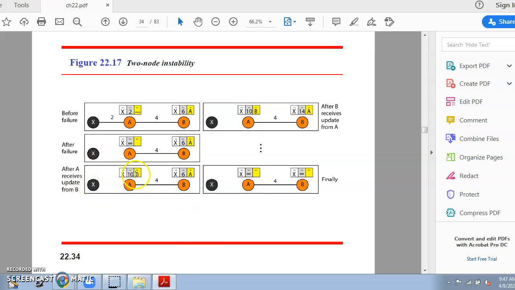In that case A will update its table, and now A can transmit its packet with the help of B.